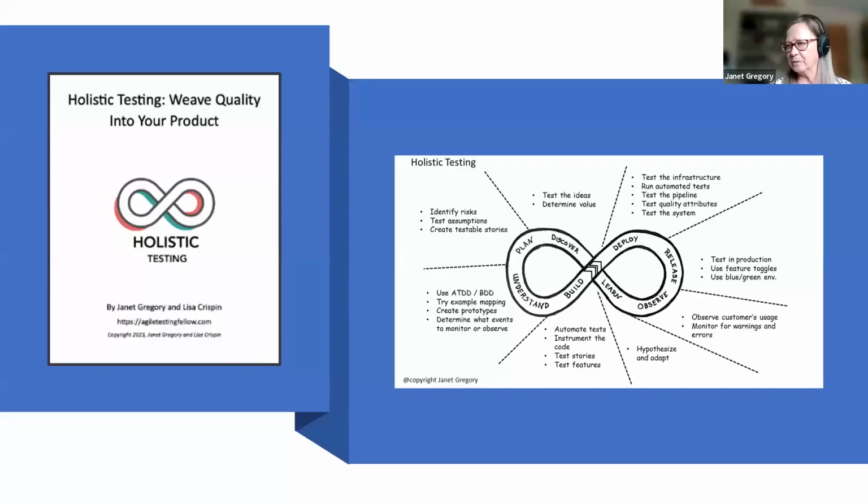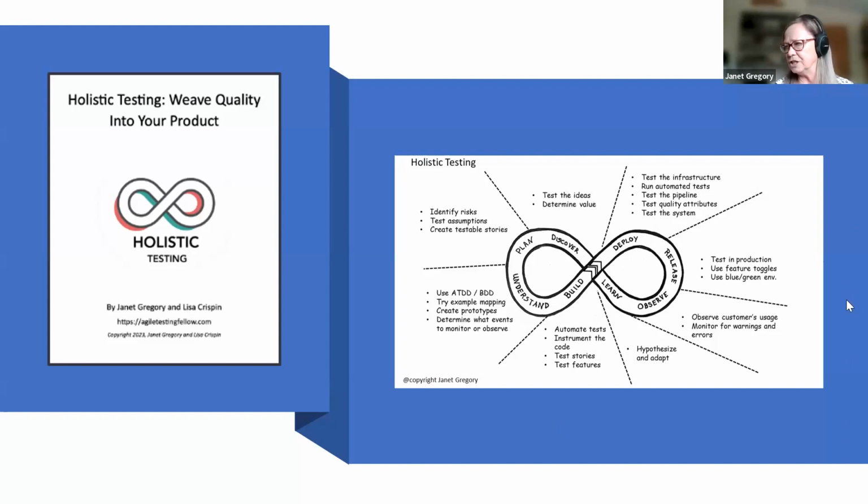So let me share my screen again. Share. That's always helpful. So that's the holistic testing model we were just talking about. We do have another video chat about the model itself. And of course, you want to download the mini book.